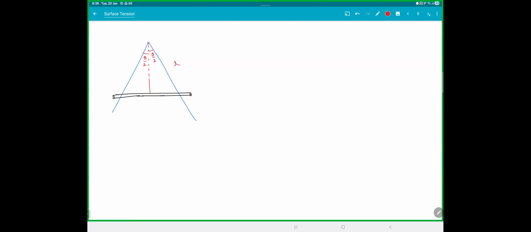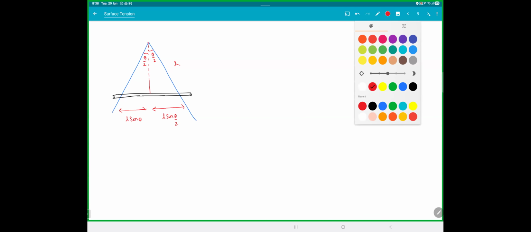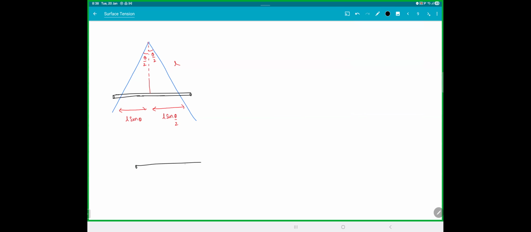If this length is L, then this length will be L sine theta by 2. And this length will be L sine theta by 2. So now when you draw the FBD of this rod, the soap film is pulling up, which is S into the length in contact, which is 2L sine theta by 2. Is that making sense?